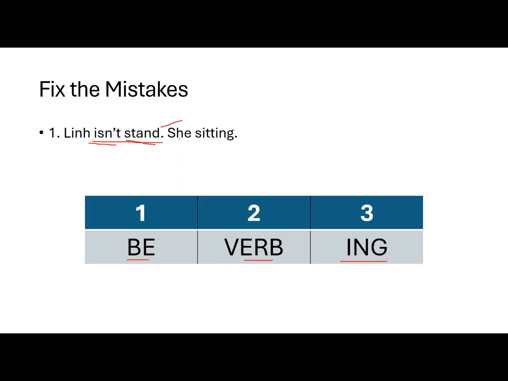For the second sentence, I see she sitting. So yes, I have the verb sit and I have the ing, but I don't have the verb be. So in this sentence, it should be she is sitting. So the correct is Lynn isn't standing with ing, she is sitting.